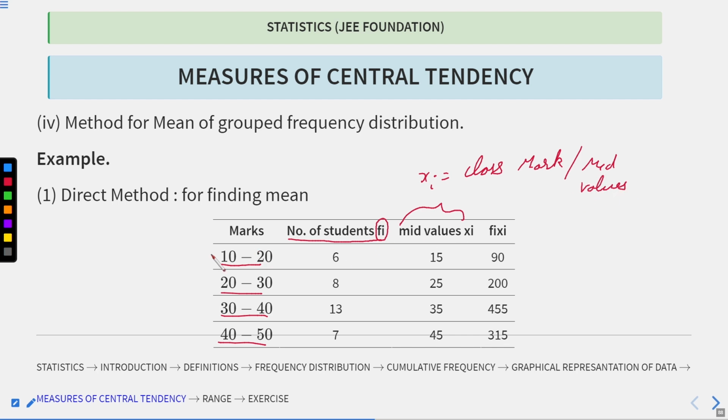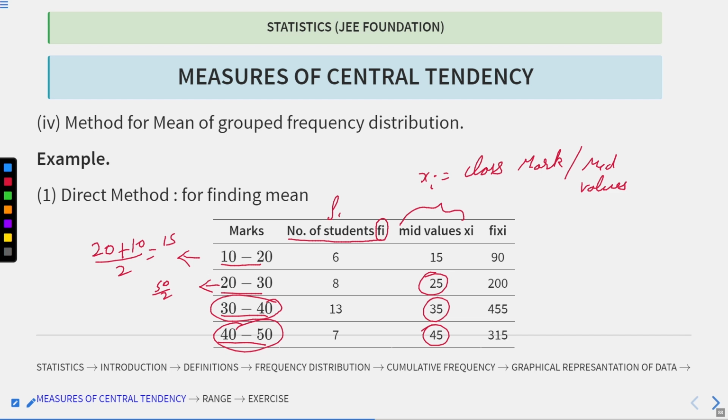The mid value is the upper limit of the class plus the lower limit of the class divided by 2, which is 15. Same with this, 50 divided by 2 is 25, 70 divided by 2 is 35, and 90 divided by 2 is 45. I hope this is clear.